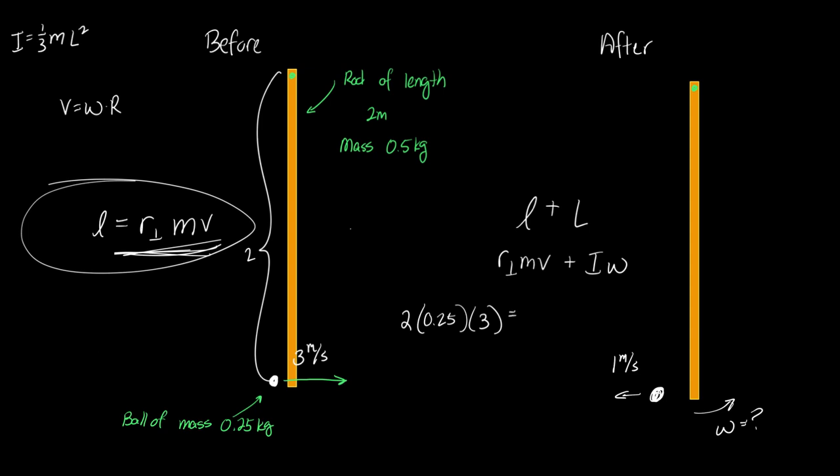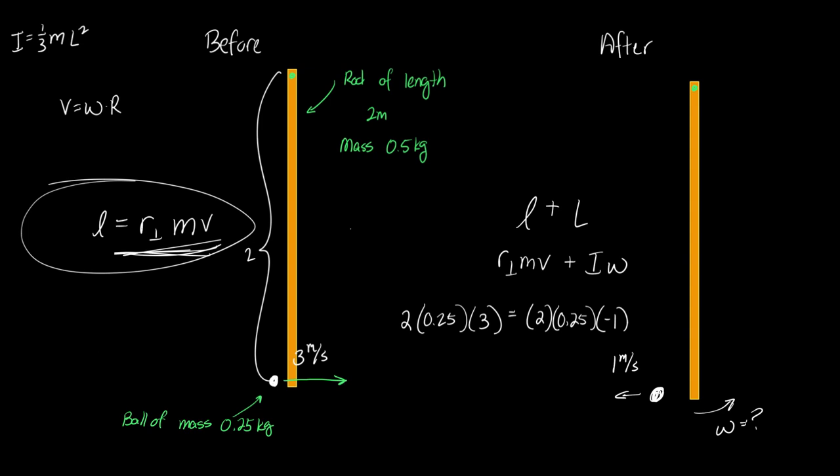This has to equal the ball bounced back. It bounced off the rod the same distance away from the pivot point, so r perpendicular is still 2. The mass of the ball, still 0.25. Bounced backwards, that's negative 1 meters per second. A bunch of you forgot the negative sign, but momentum has direction. You have to take direction into account when doing these problems.